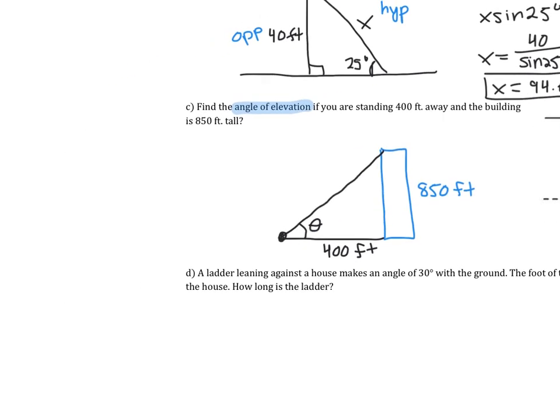So we look at it and we say, okay, I'm using this angle, which means this would be the opposite side and this is the adjacent side. So I know that I need to use tangent because tangent is opposite over adjacent. So we say tangent of theta equals 850 divided by 400.